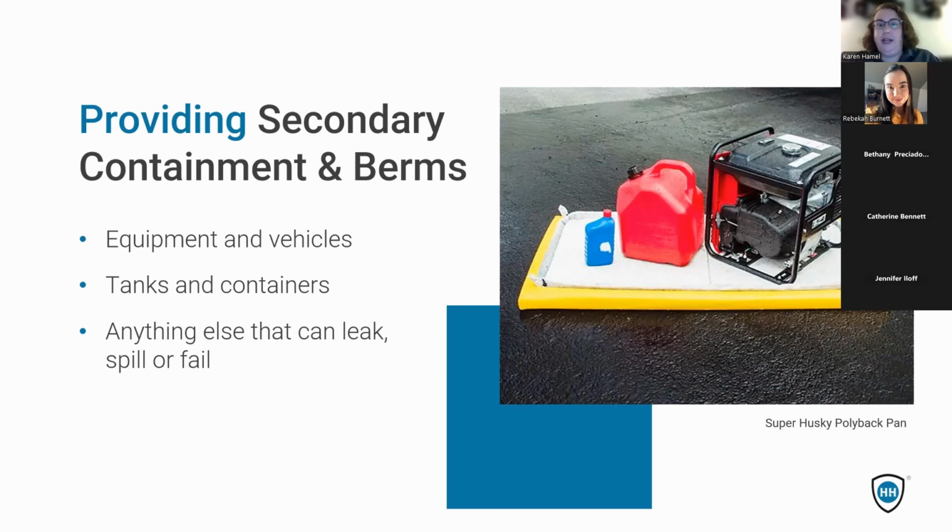Or for the season, if it's something that we don't routinely do, or maybe it's a temporary situation and we only need this area for a couple of months. There are a lot of portable secondary containment systems that are prefabricated now that you can purchase for those things and then fold up and store until you need them again the next season. Whatever that case may be, look for those opportunities to create that system, keep those pollutants, whatever they may be, particulate or liquid, keep them out of the environment and keep them away from the drains.